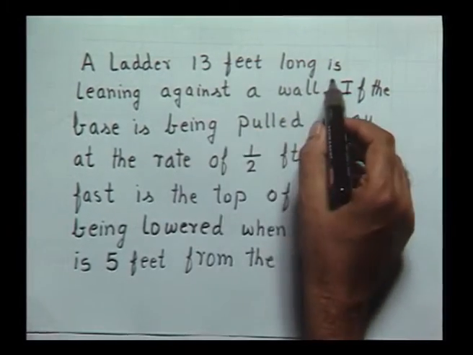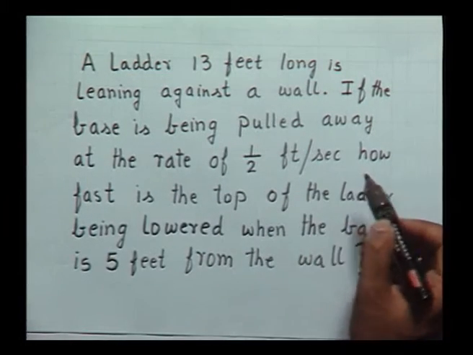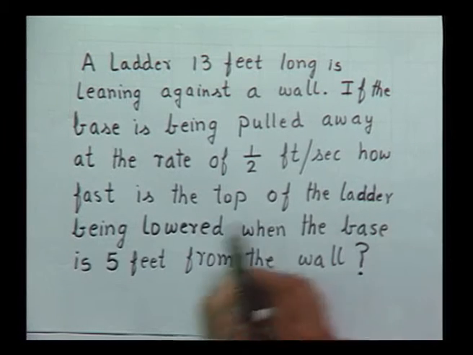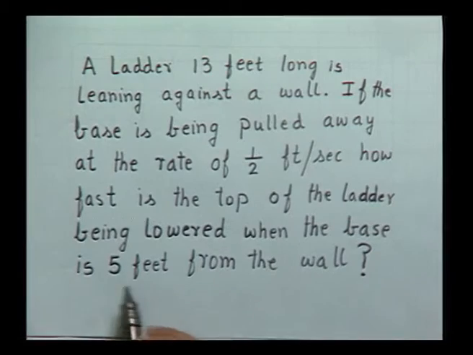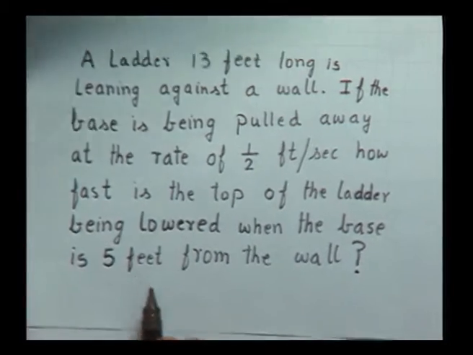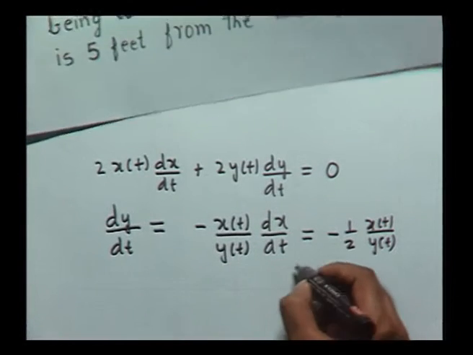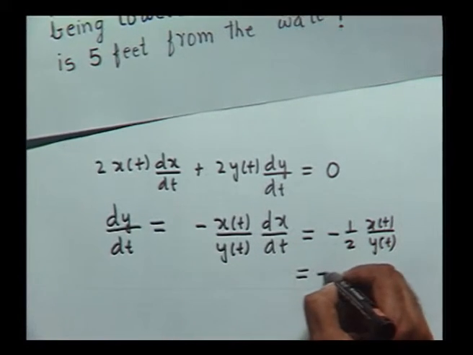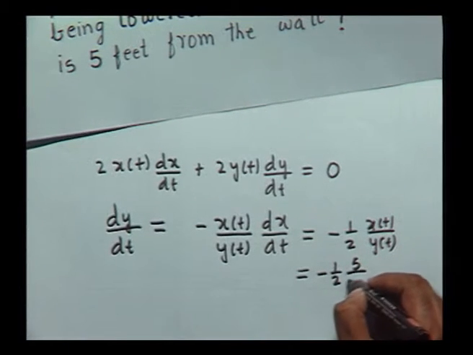The ladder is 13 feet long. The base is being pulled away at the rate of this. How fast is the top of the ladder being lowered when the base is 5 feet from the wall? So, remember, the base is 5 feet from the wall. Therefore, this x(t) is going to be 5 feet. So, this is minus half times 5 upon y(t).